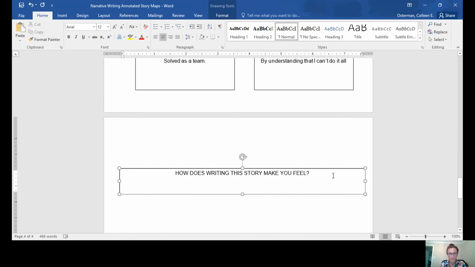How does writing this story make you feel? This story for me, doing this, even for you as the teacher, just doing this and outlining this has been very therapeutic.